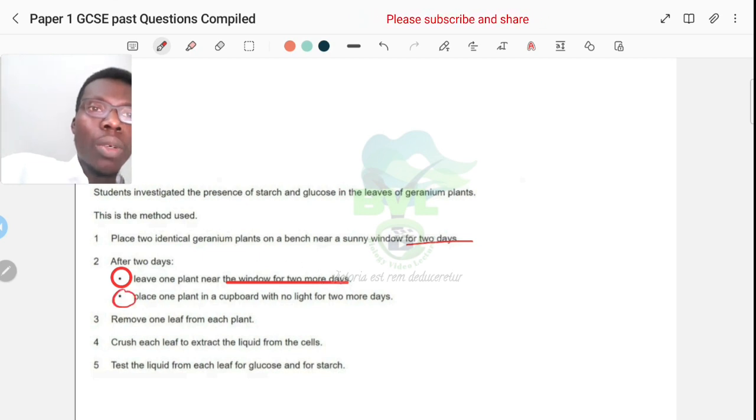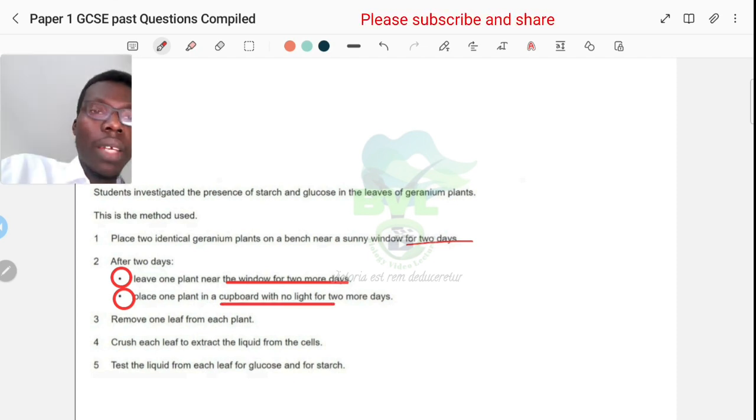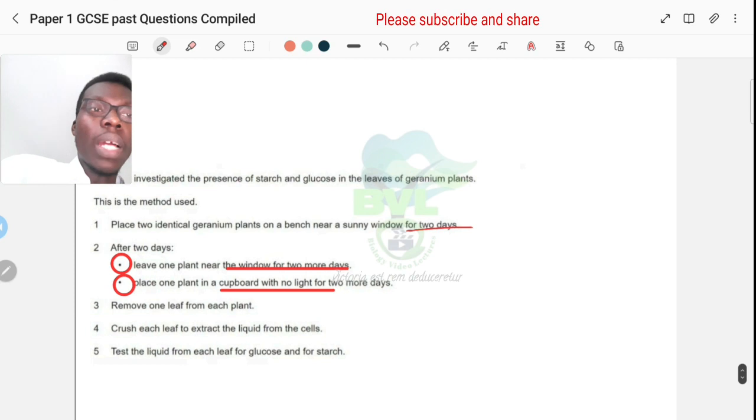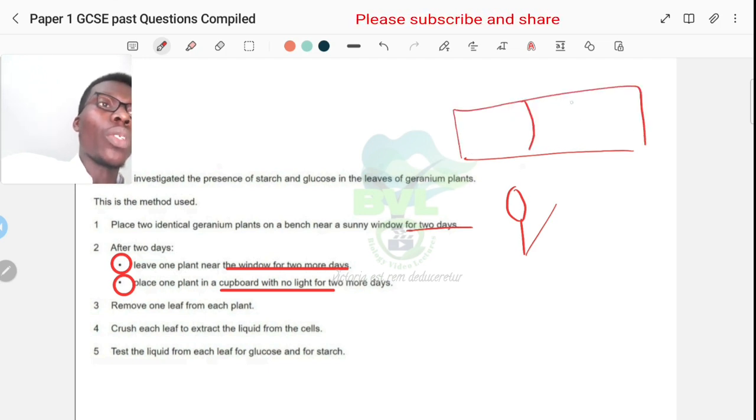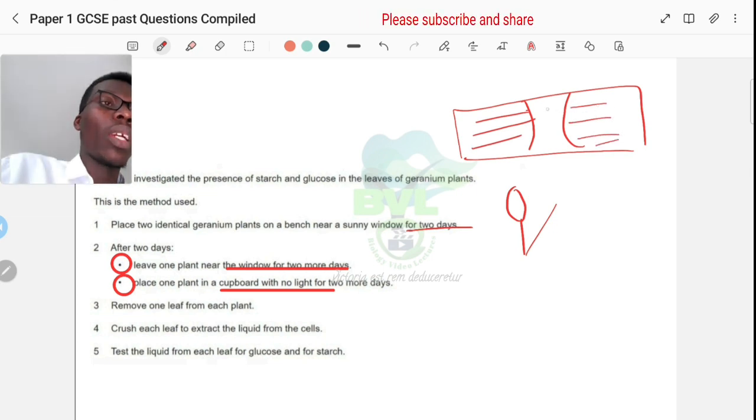Then place the other one in a cupboard where there's no light. Remove a leaf from each of the plants. So one is kept close to the window, the way I've drawn it, to allow it to see the sun.